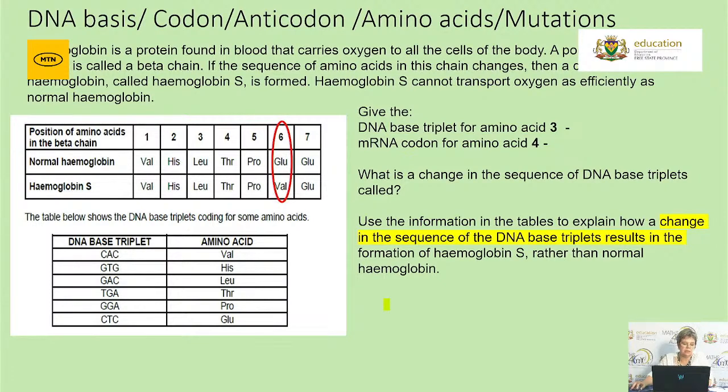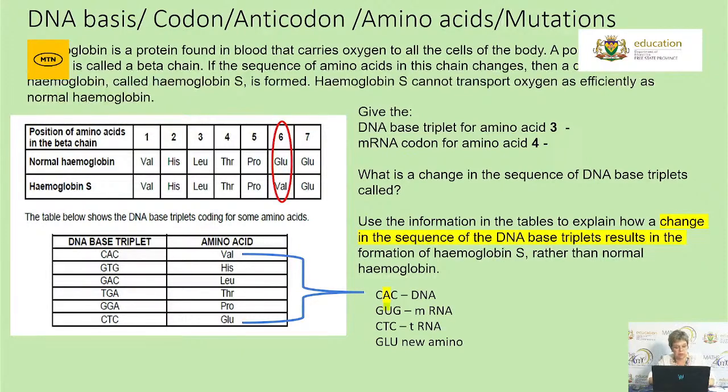So you will indicate the position number 6, and then you will indicate that glutamine, or GLU, was replaced with VAL, and you explain how this mutation did take place. So the CAC on the val changed to GAG on the mRNA, and therefore a new amino acid was formed. So specifically refer to the different codons and anticodons that were formed when they ask, explain the mutation.